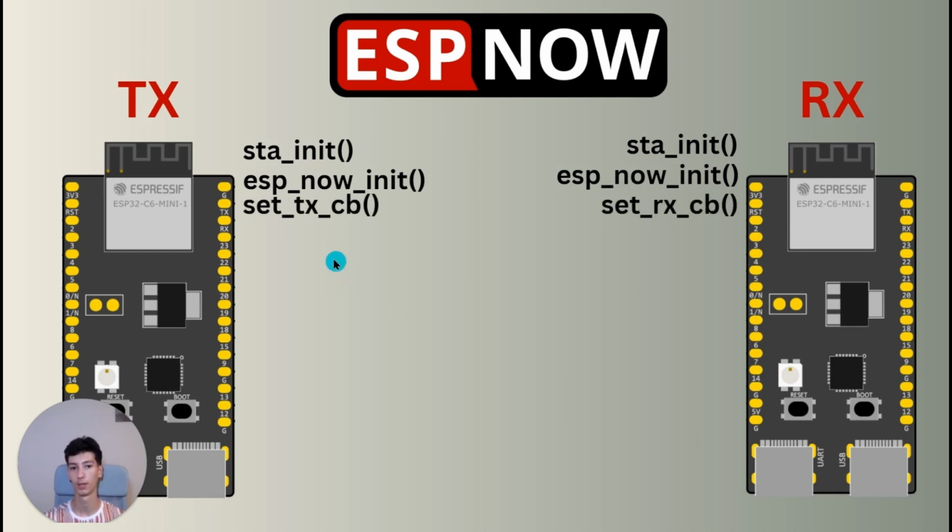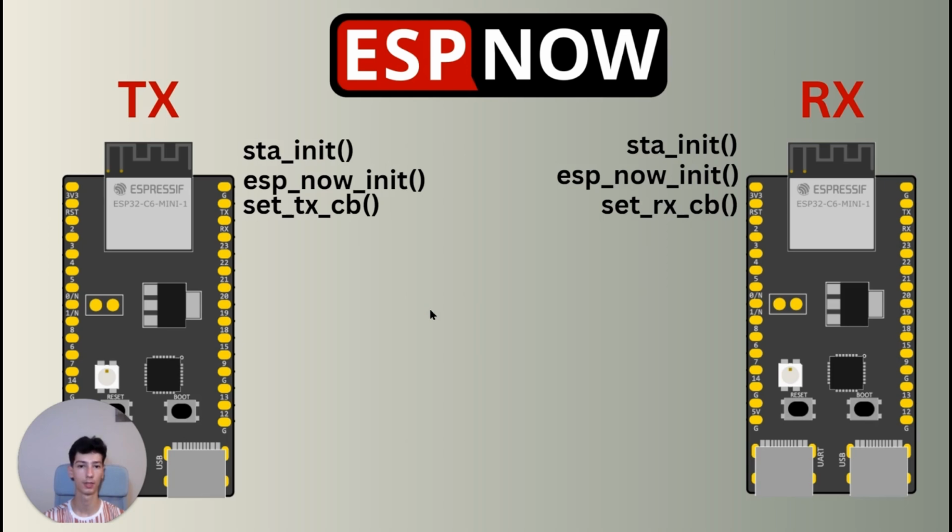We will set a TX callback on the TX side and an RX callback on the RX side. By doing that, you will be able to read the received data on the RX side. And on the TX side, the TX callback will let you know that the transmission has ended.